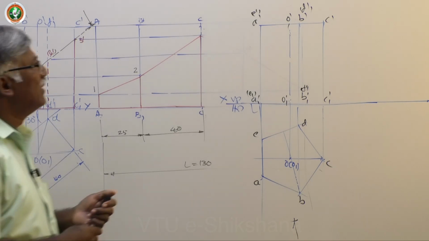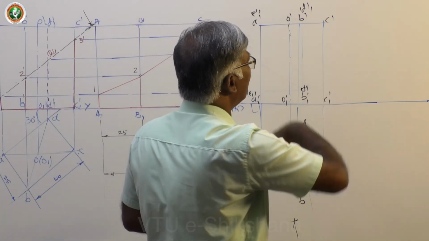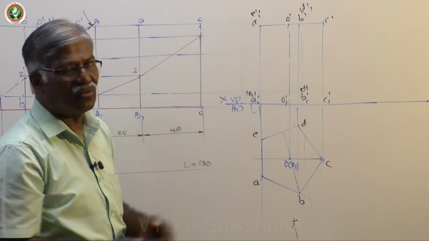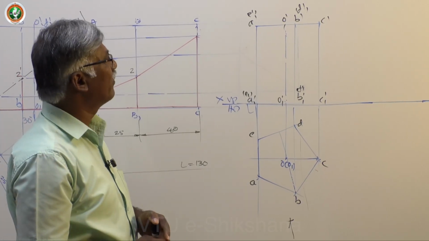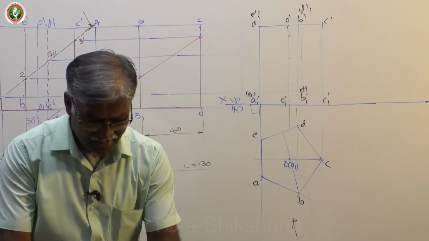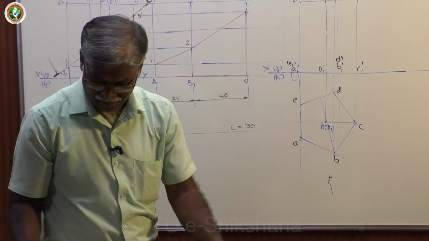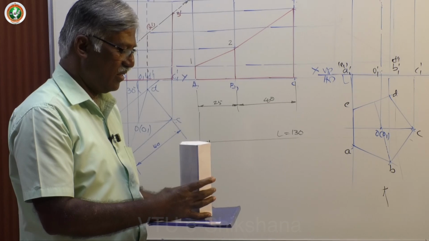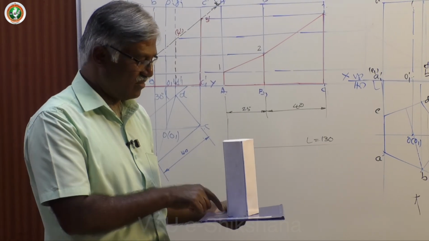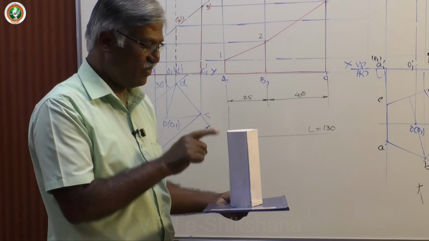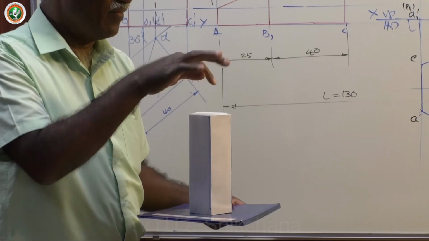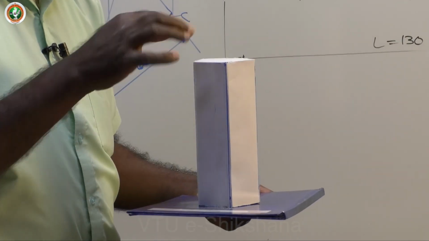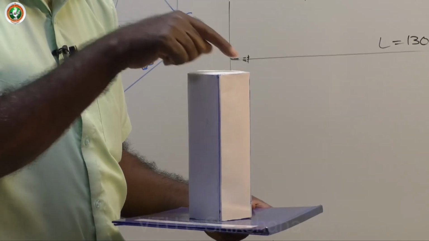Now he says the section plane is inclined 45 degree to HP and passing through the top right corner of the solid. So definitely it must pass through this. See here, the left one is basically an edge, because we have the associated base edge on HP. This is the edge, and on the right side we have a corner. This is the standard position, so that you will get this particular item, that is the top corner.